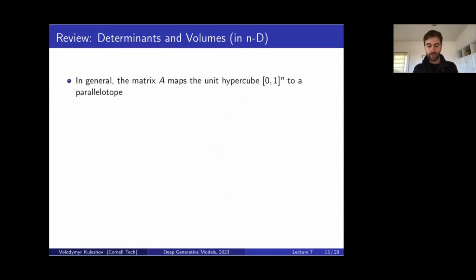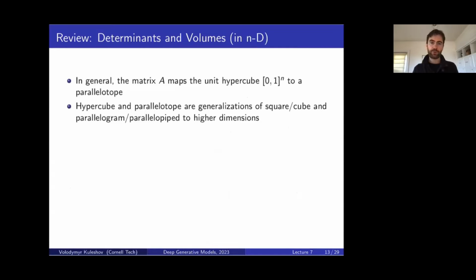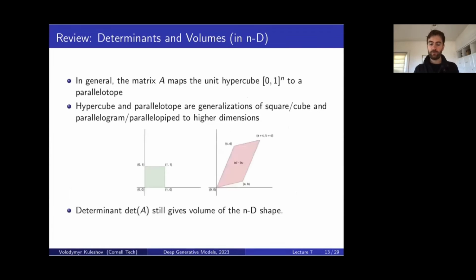And finally, what we ultimately want is a volume in n dimensions, and a parallelogram in n dimensions is called a parallelotope. The volume of a parallelotope, which is again an extension of this parallelogram to n dimensions, is still given to us by the determinant of A. This is a fact, and hopefully you believe me.